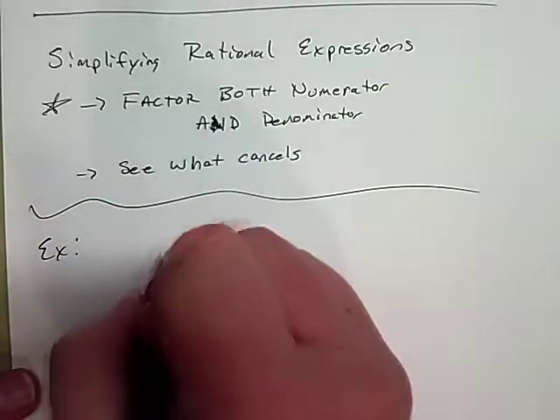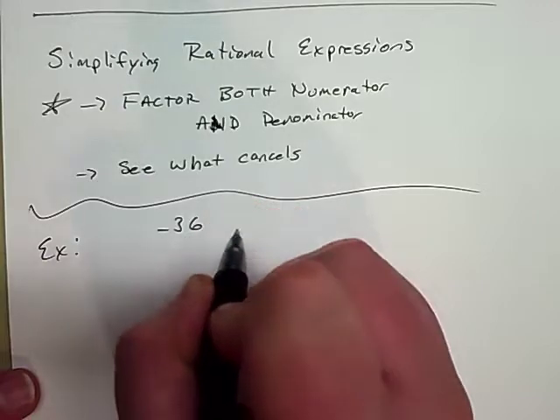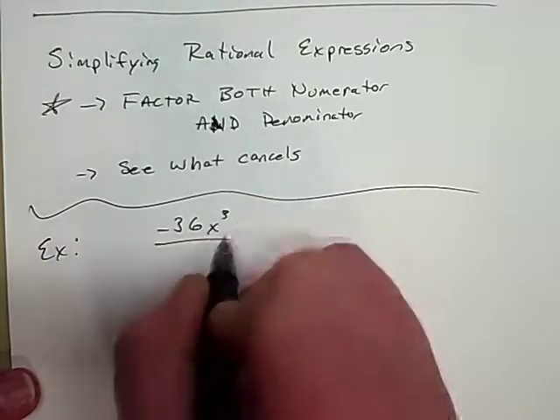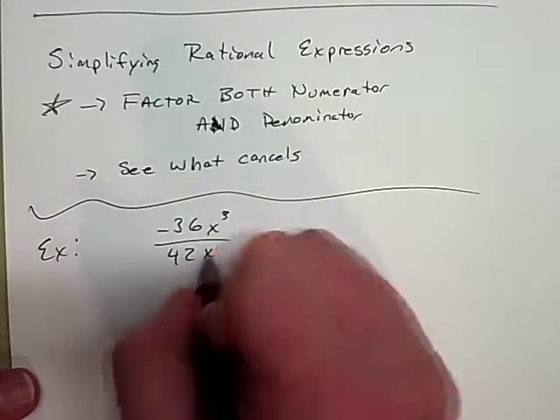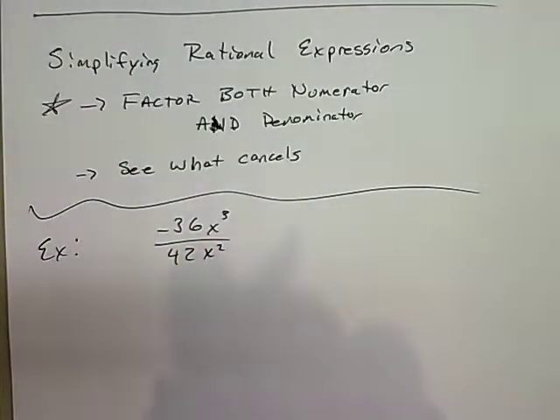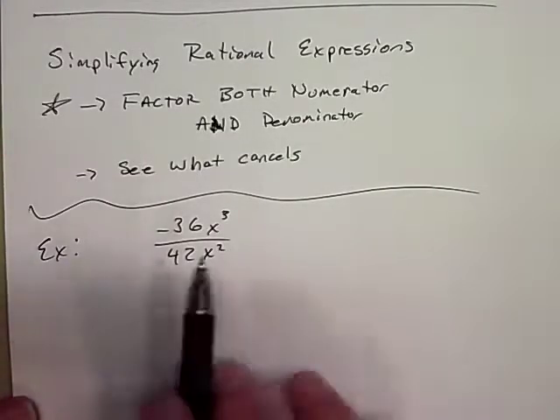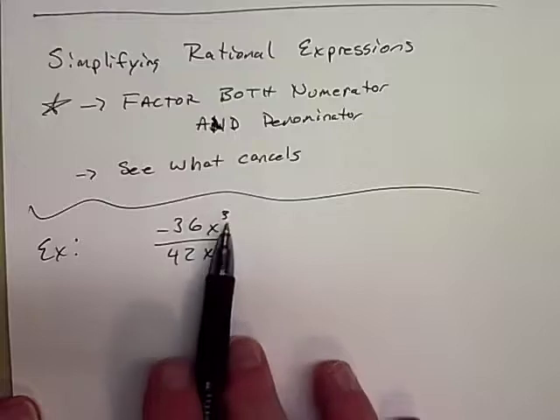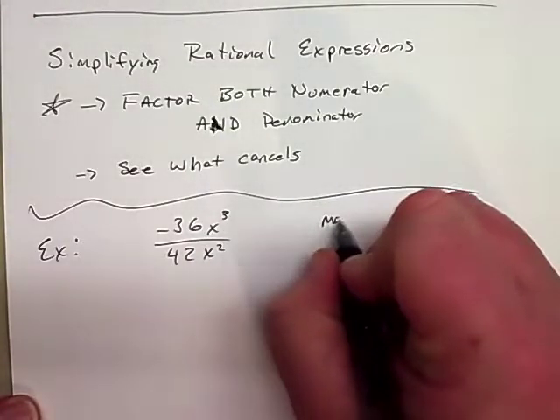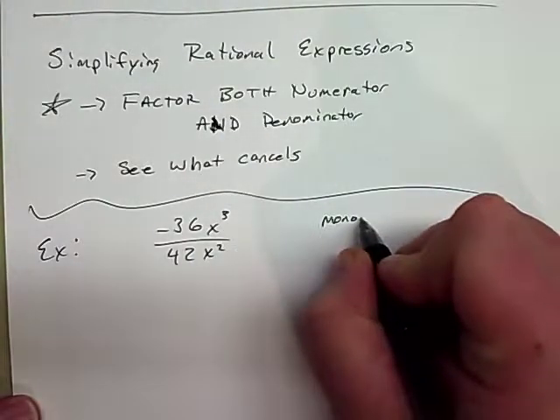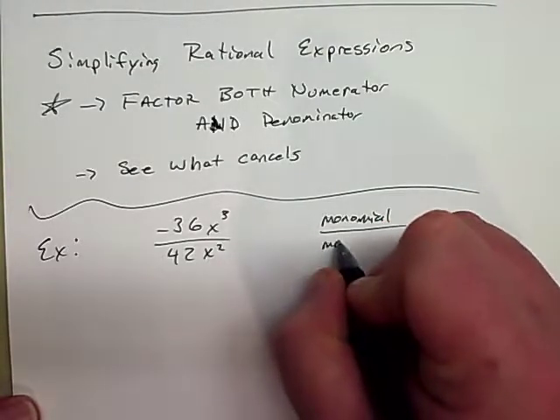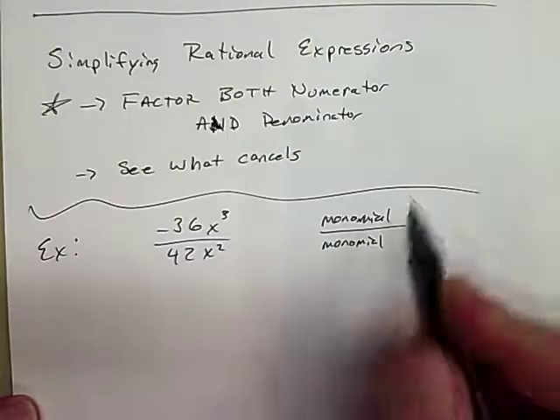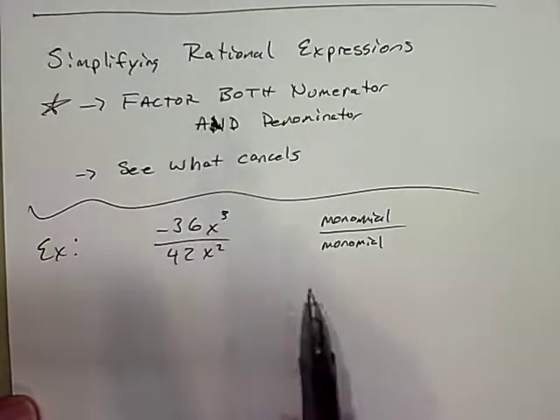Let's see what happens if we have a monomial like 36x to the third divided by another monomial, 42x squared. Since I have a monomial divided by a monomial, how can I factor a monomial like this?